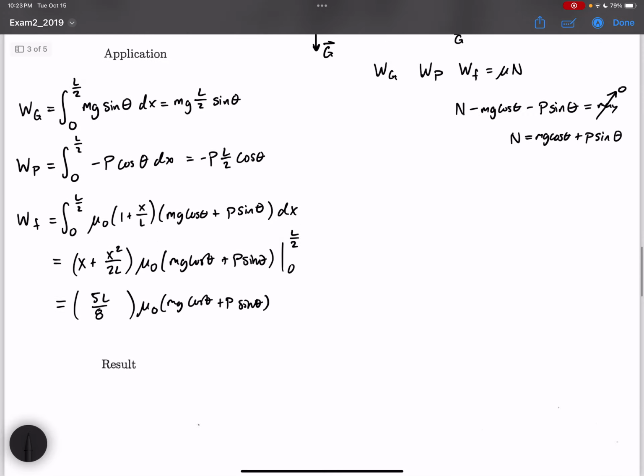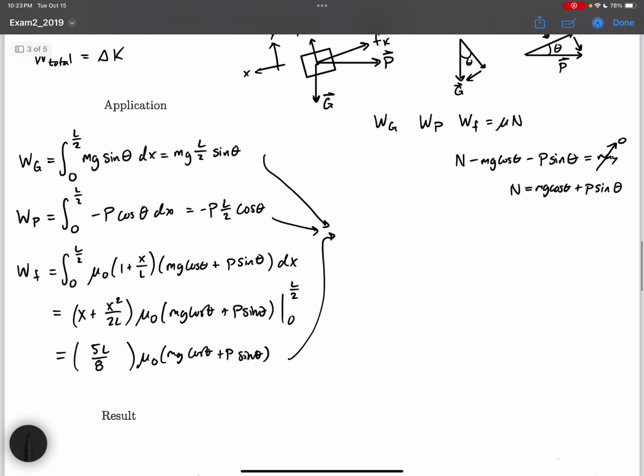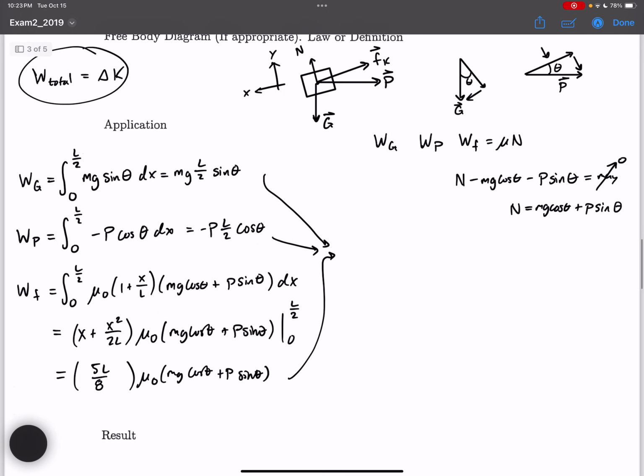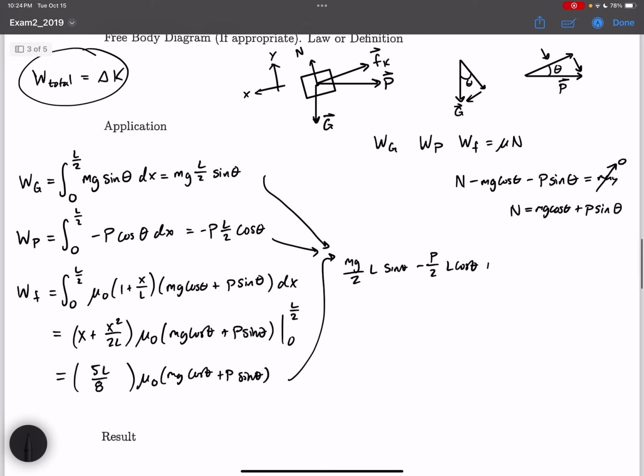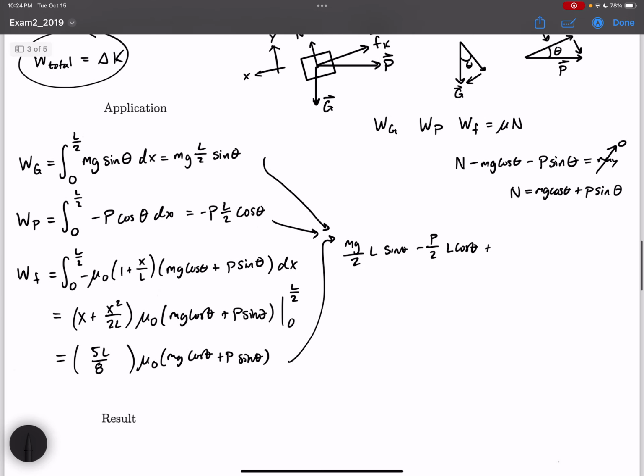Okay, cool. So then we're going to just add all these together, and use the work-energy theorem here. So we're adding all the work together. So we have mgL/2 sin θ minus PL/2 cos θ plus, oh, and I apologize, friction's negative.